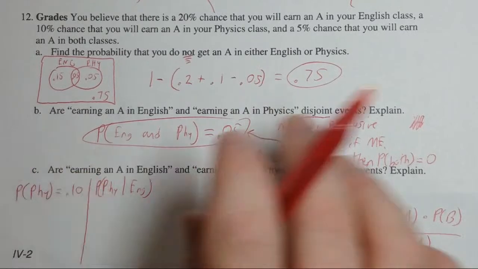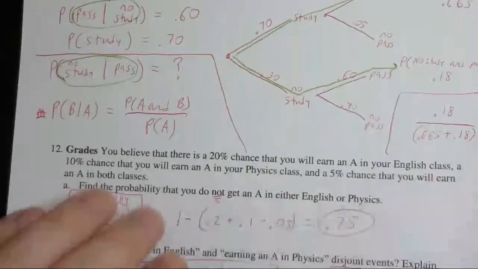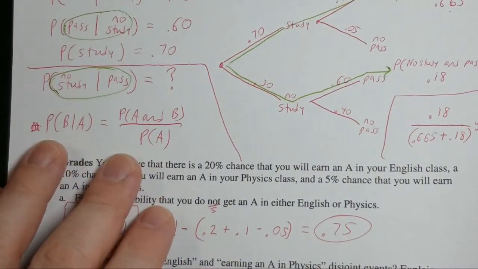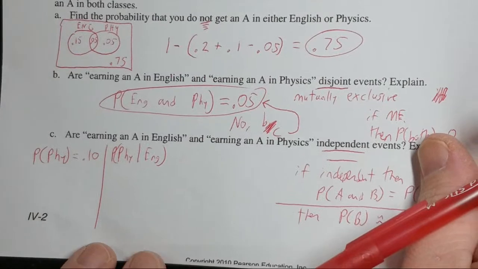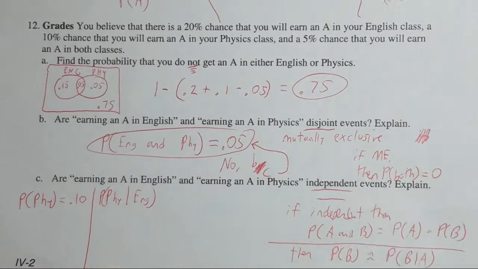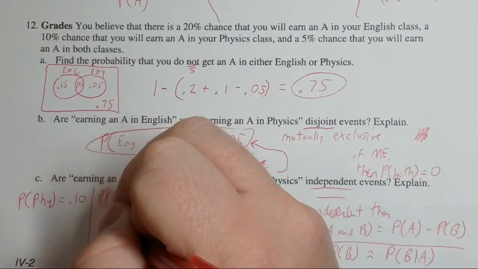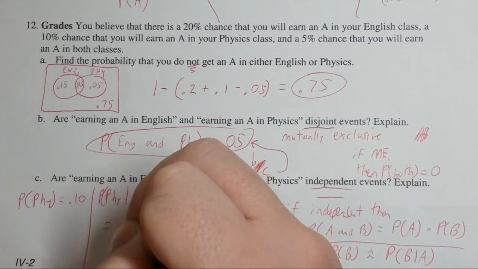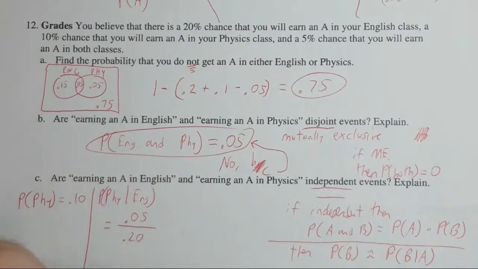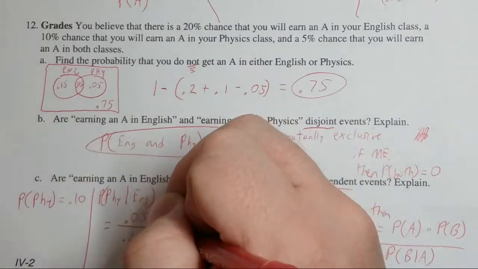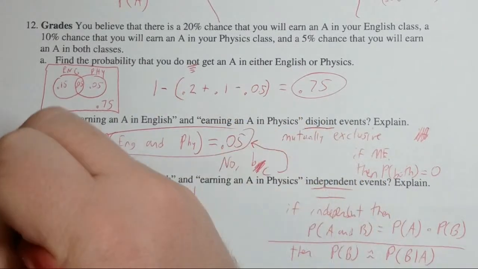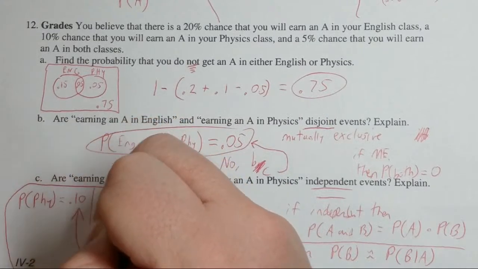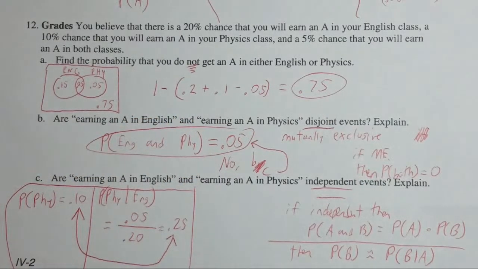If we did the calculation that we did on number 11 using this formula right here, then the calculation would come down to this. The probability of both, which is 0.05, divided by the probability of English, which is 0.20. I don't even know why I'm using a calculator right now. But this is equal to 0.25. This shows that they are not independent events. They are not independent events.